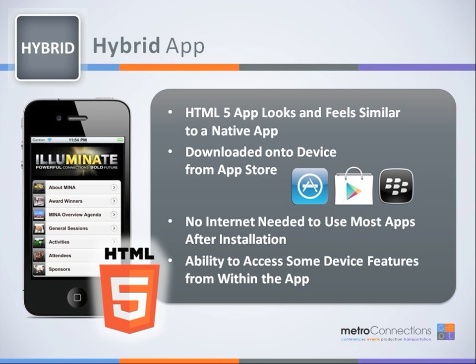And then, of course, Native, because it's completely downloaded, has complete offline stability. So these are going to be key things to think about in your planning process. What is the access to the Internet going to be at the location that I'm at? And how much information am I going to need to push during that meeting? So that's where you're going to have to weigh these options as to which one you might want to steer towards. Absolutely.